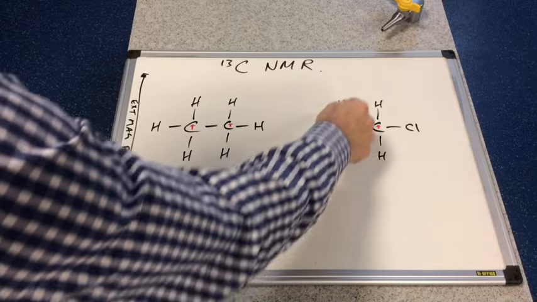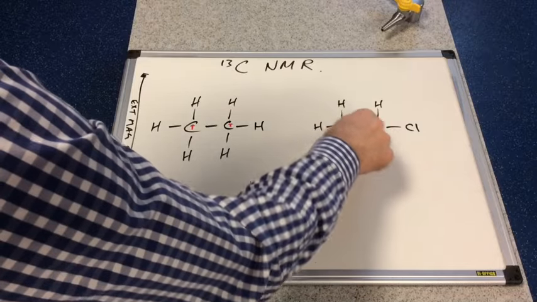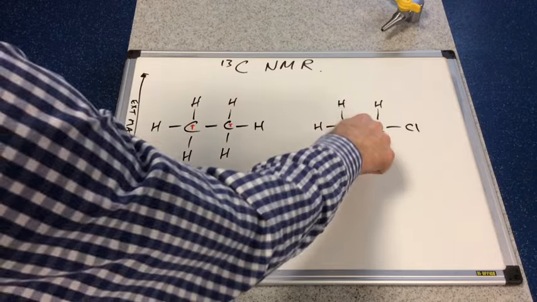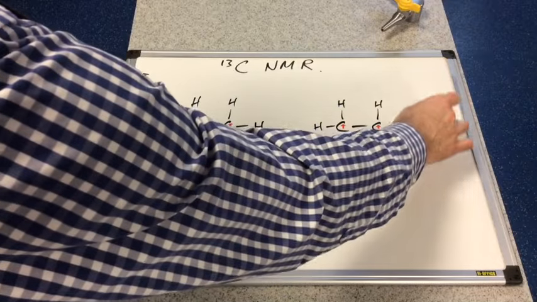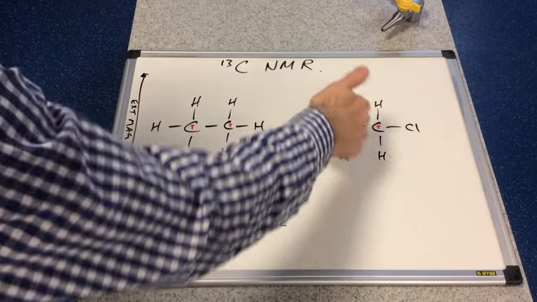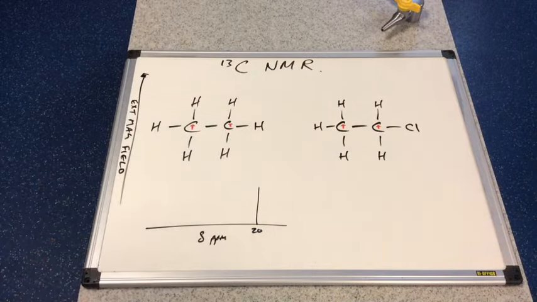This carbon's bonded to 3 hydrogens and then a carbon with 2 hydrogens and a chlorine on. This carbon is bonded to 2 hydrogens and a chlorine, and then a carbon with 3 hydrogens on, a CH3 group. So we've got 2 environments here, and therefore we will see 2 peaks in the spectrum for chloroethane.